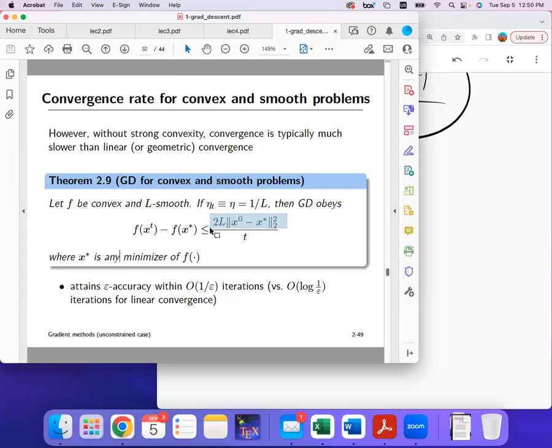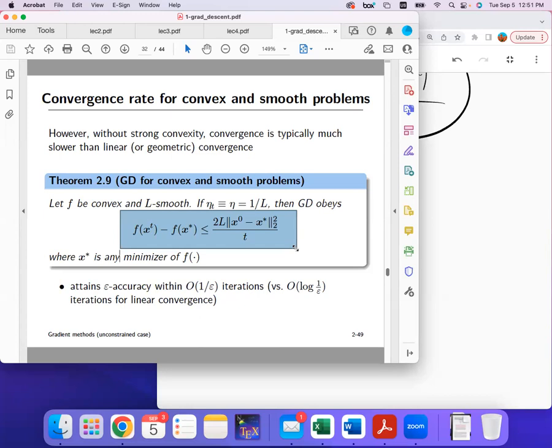And you can see the numerator is just a constant. It depends on L and on the initial distance. But the denominator depends on time, the number of iterations you run for this algorithm. If you run it 100 times, then t is 100. This is called the convergence rate of the function value.